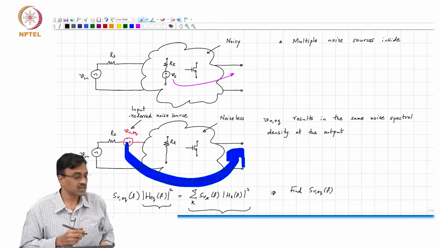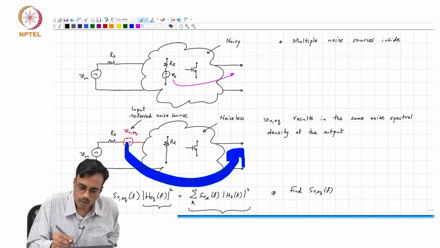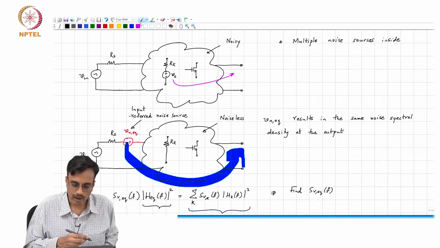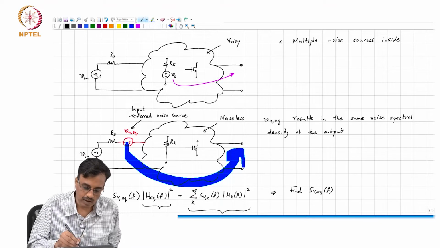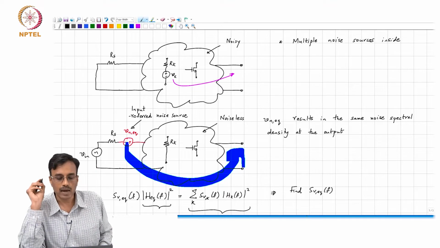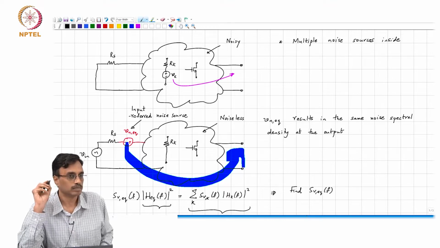But a couple of observations that I'd like to make are the following, and to do that, as usual, I will use our KCL KVL type analysis. Let's say I'm interested in finding the transfer function from Vk to Vout. Okay.